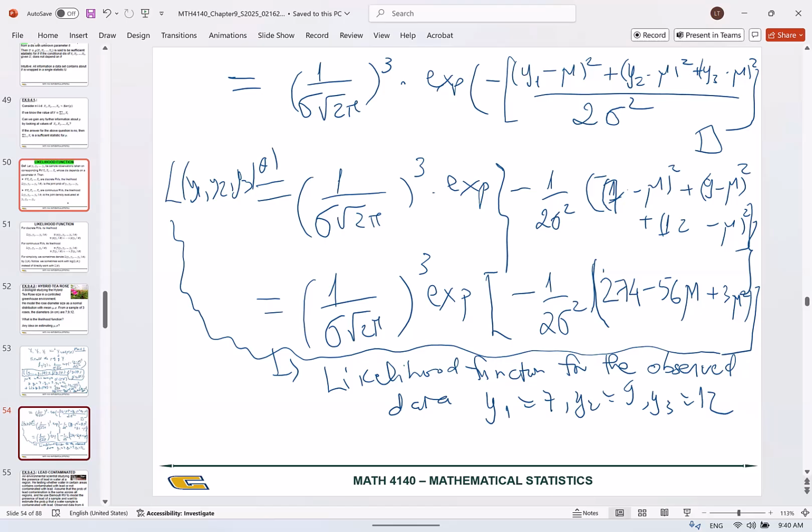For a given data set, what value of mu and sigma can best explain the data I observe? If I can find the mu and sigma that maximize the function, it tells us that for this observed data, it explains the model best, with the parameters we find.